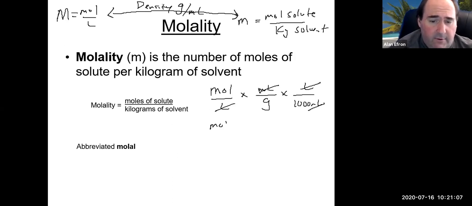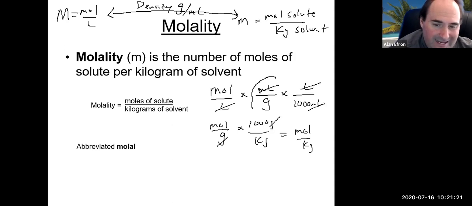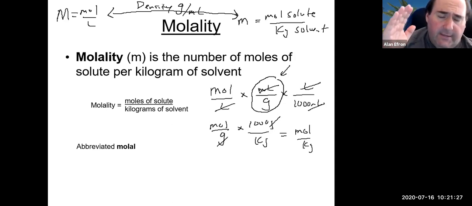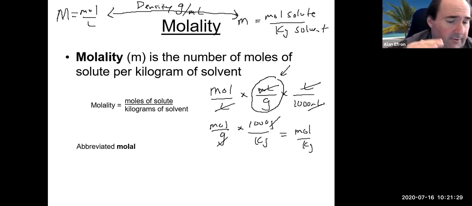You're left with moles per gram, which can then be converted, with 1,000 grams in a kilogram, so grams cancel. You get down to moles per kilogram. So it's really that density piece that is usually the thing you need if you ever needed to go from molarity to molality. Density is that bridge that usually gaps those two.